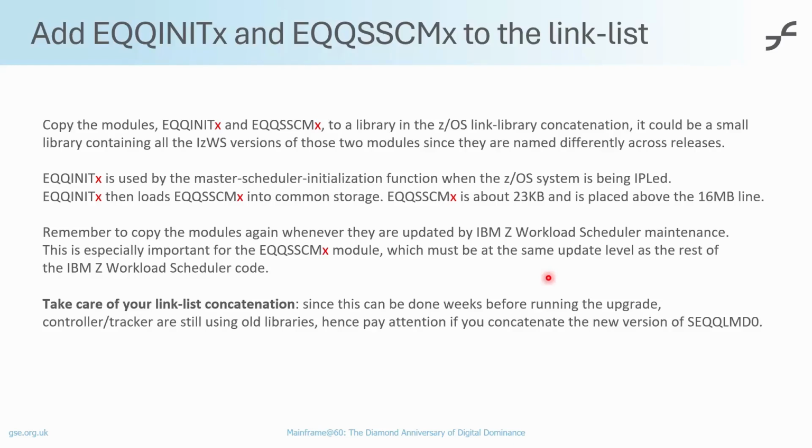And obviously take care of your linked list concatenation, because if you put your STEPLIB, the SEQQLMD0, into the concatenation, you need to be very careful, because you need to be sure that the current SEQQLMD0 will come before the new one, because you might add it long before performing the upgrade.